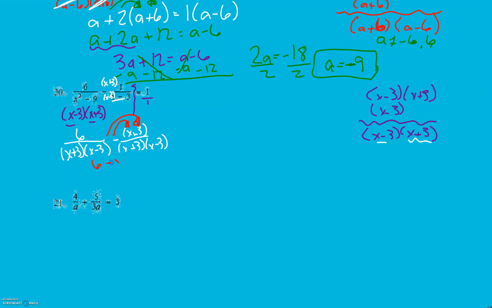So I have 6 minus x minus 3 over x plus 3, x minus 3, which gives me 6 minus 3 is 3, minus x over x plus 3, x minus 3, equals 1 over 1.